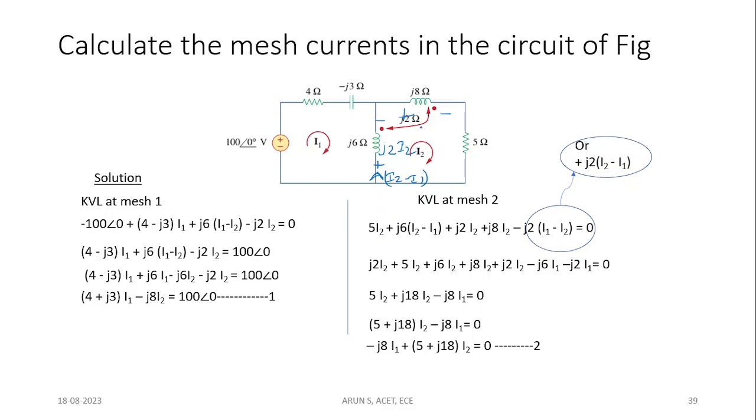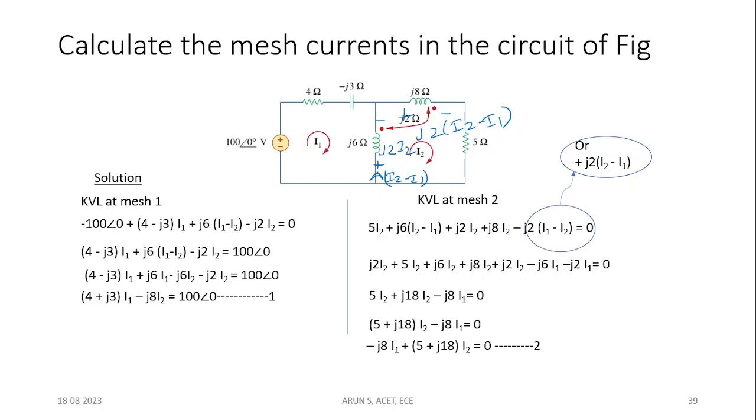And what will be the generated voltage? J2 times (I2 minus I1). Why is it I2 minus I1? Because I2 minus I1 is the current flowing through the J6 coil, which is inducing the mutual voltage across J8. So it is J2 (I2 minus I1).